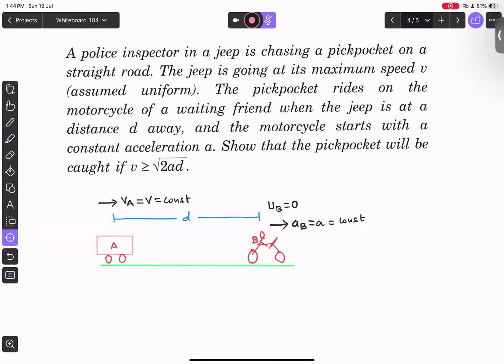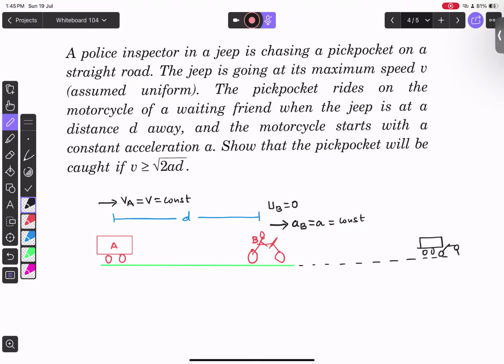So you consider if they catch up with each other, what will happen? They are going to be at the same place after some time. So suppose both of them are traveling this way, and after some time the police jeep and the bike reach the same place.